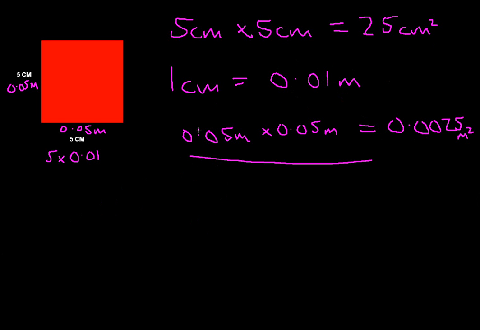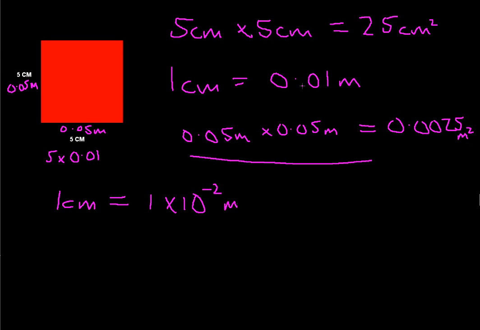So the first thing I'm going to do again is figure out what 0.01 is in scientific notation or standard index form. So 1 centimetre is what metres in standard index form? It's 1 times 10 to the minus 2 metres.